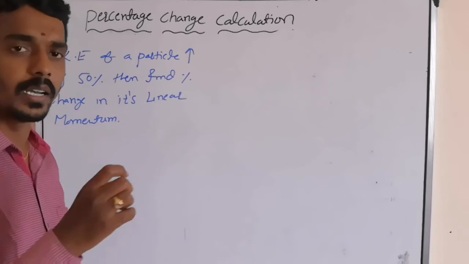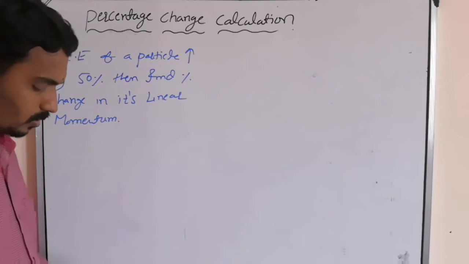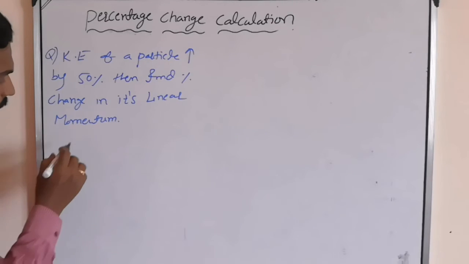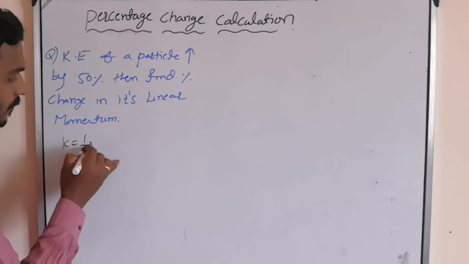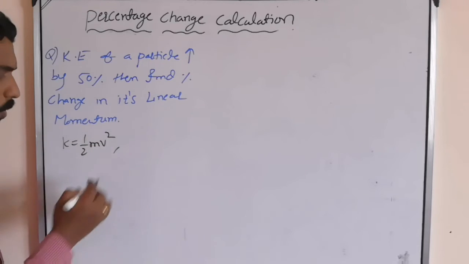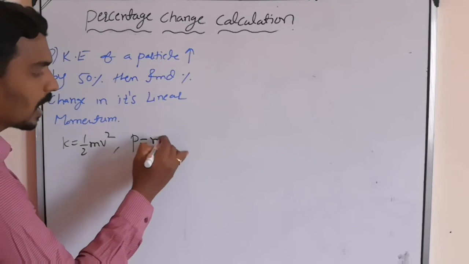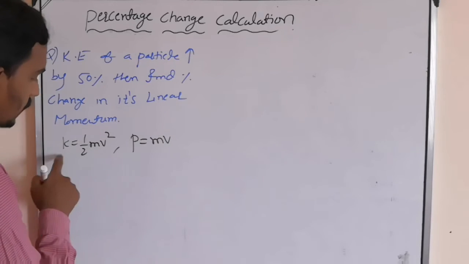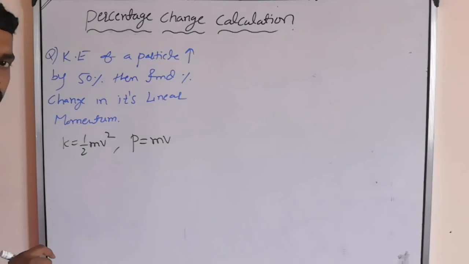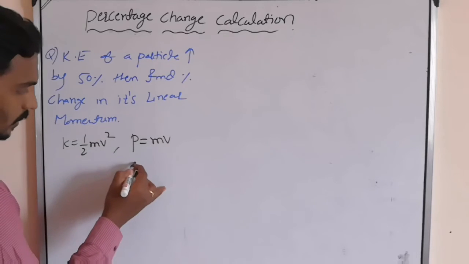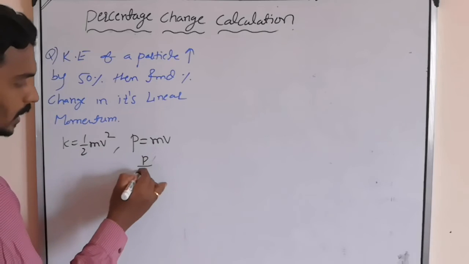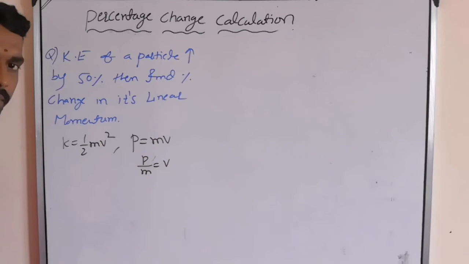Get the physics formula relating those two things. What is the kinetic energy formula? Half mv square. What is the linear momentum? Mass into velocity. But we need the relation between K and p. So bring the mass this side: p by m equal to v.